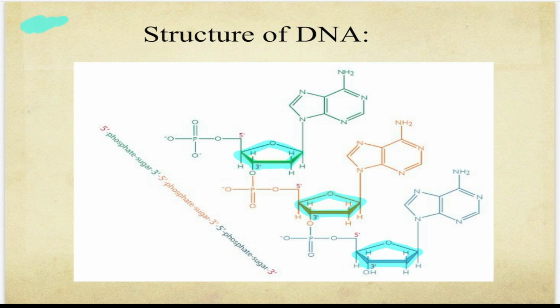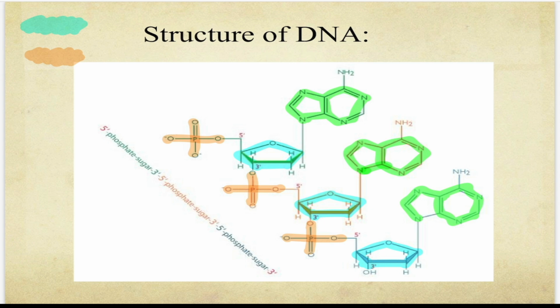So I'll write that in here in a second in a key. The phosphate is this portion right here. So there's 1, there's 2, and there's 3. So that's the phosphate. And then the nitrogen bases in green are this portion right here, and here, and here.